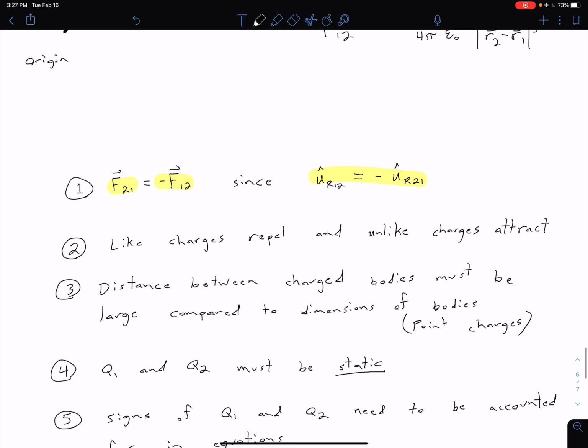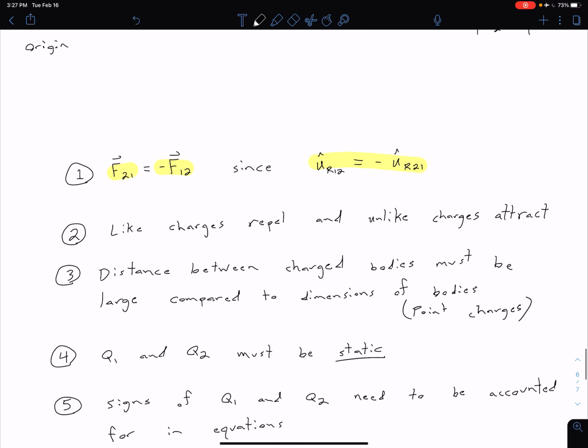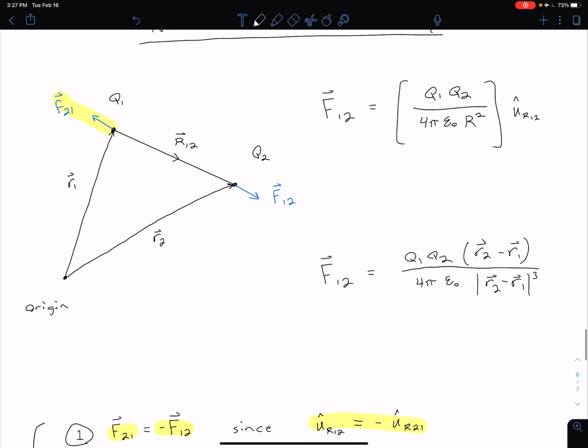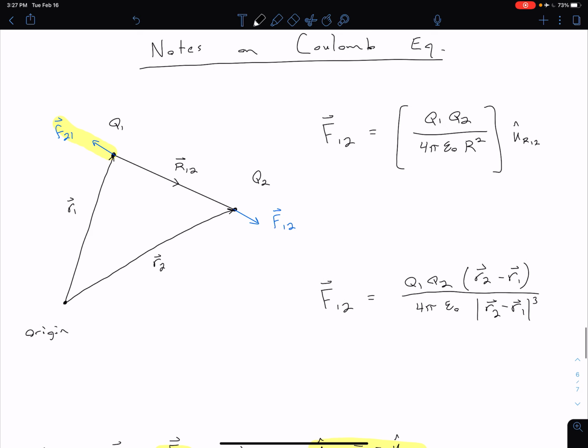Five is that the signs of Q1 and Q2 need to be accounted for in these equations. This relates back to our points 1 and 2, really our second one. For instance, if we had an electron for Q1 and a positive charge for Q2, we'd have to put in the negative charge of the electron and then plus whatever our charge is on our positive charge.